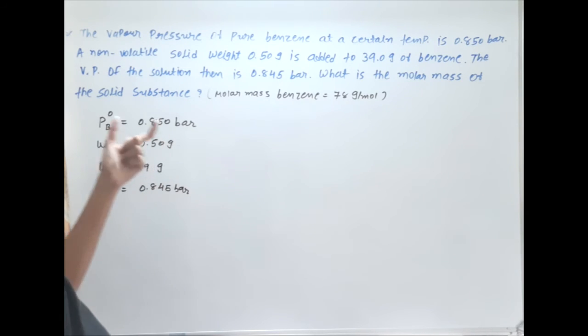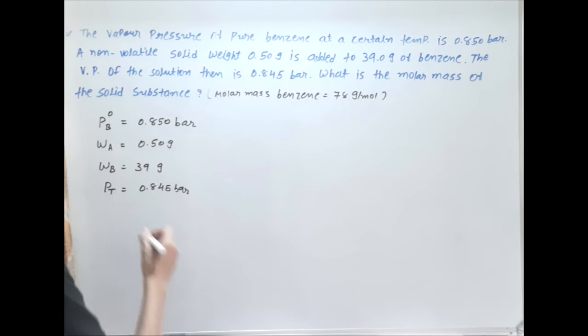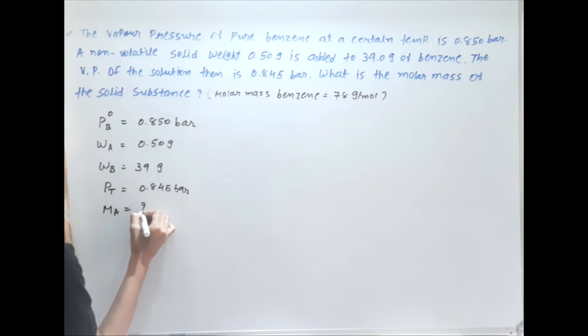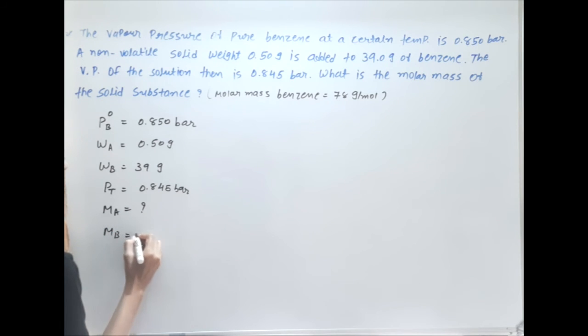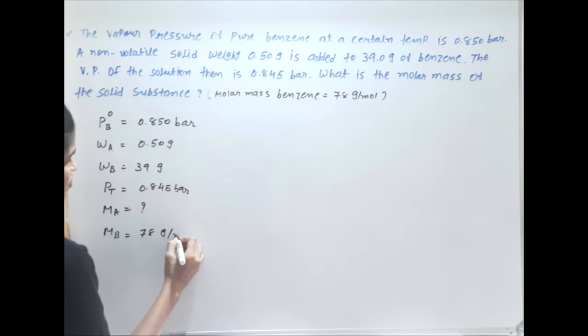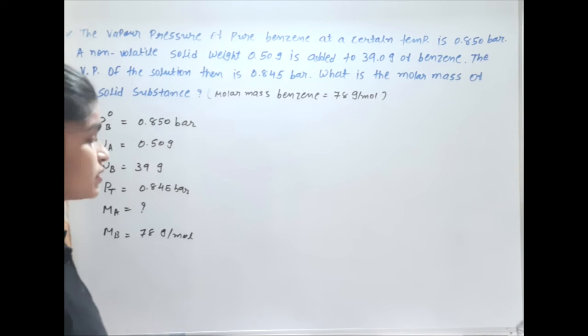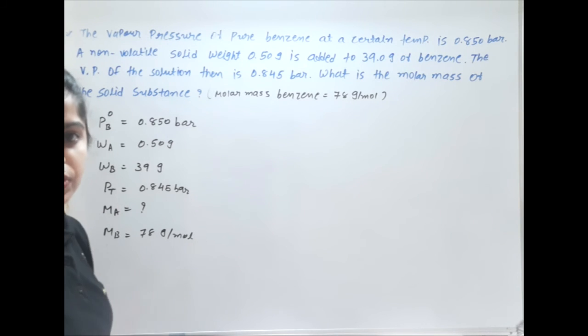What is the molar mass of the solid substance? So we need to find out this MA value, the molar mass of the solute. The benzene value given is 78 gram per mole. We know how to find out the molar mass of the solute.